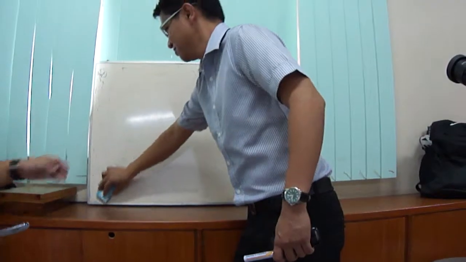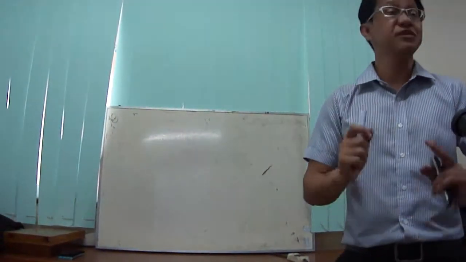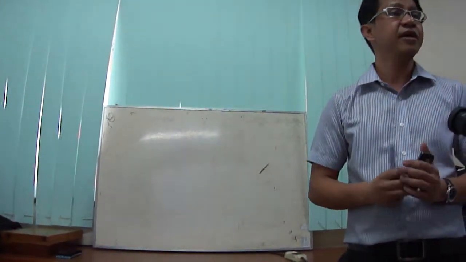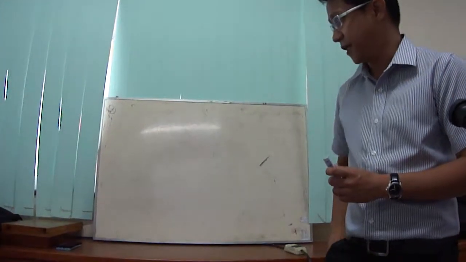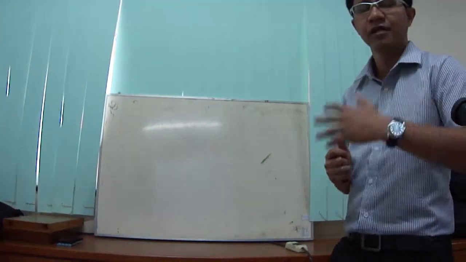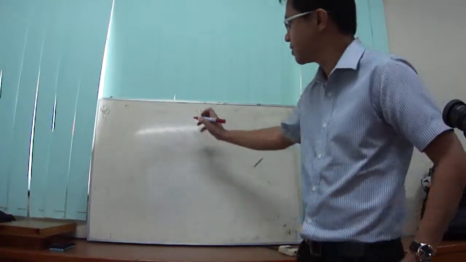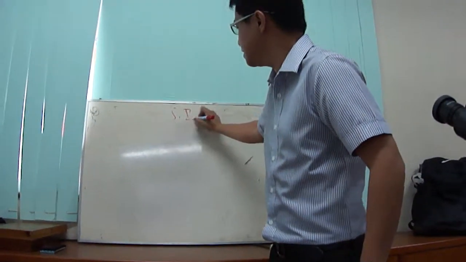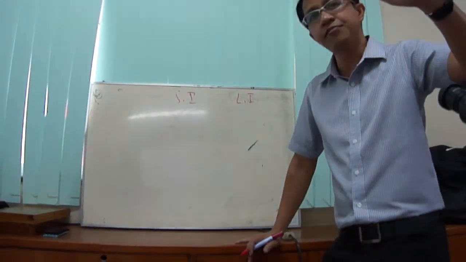Anyway, continuation lang yon sa esophagus and stomach. We have already discussed the composition of the wall of the esophagus and stomach. Almost the same lang ang components. Mayroon lang slight modifications which will help us identify these segments from the small and large intestine from the esophagus and stomach.